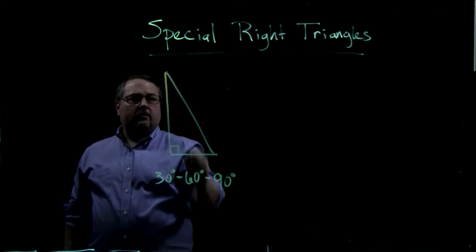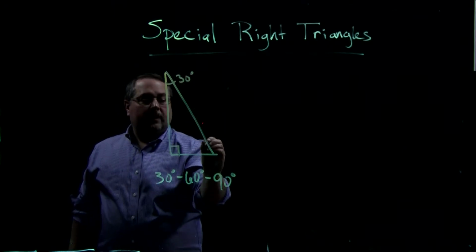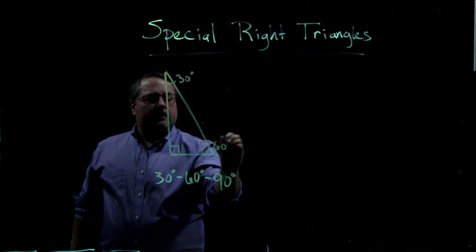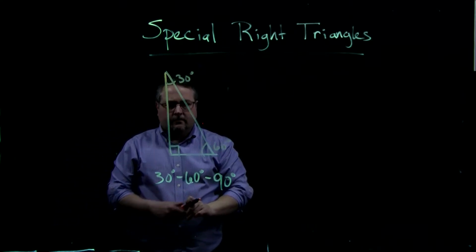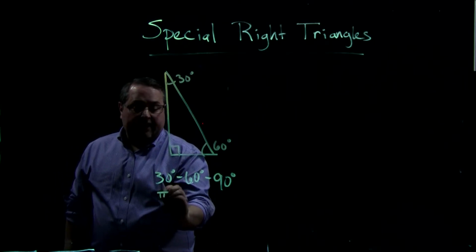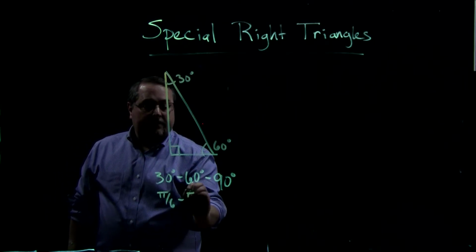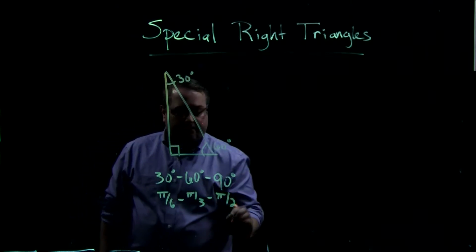So we'll have a right angle. We're going to have a little angle that is 30 degrees. We're going to have a big angle that is 60 degrees. Or if we want to use radians, this is going to be the pi over 6, pi over 3, pi over 2 right triangle.